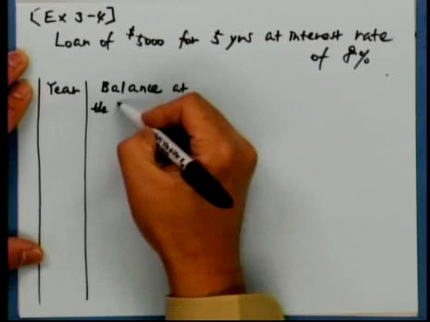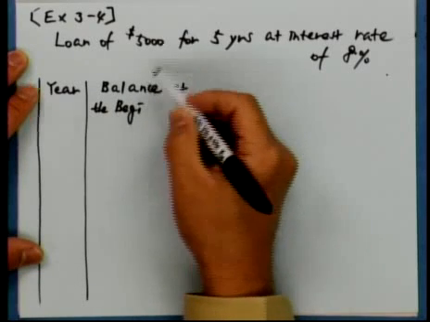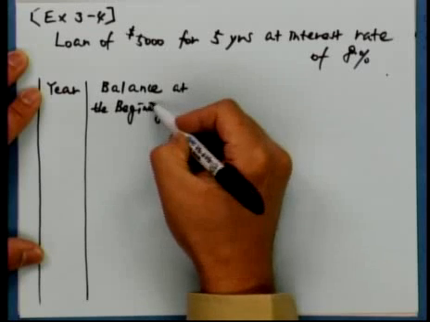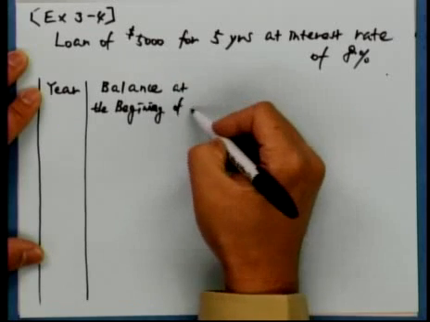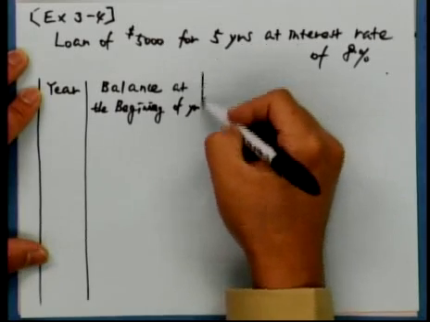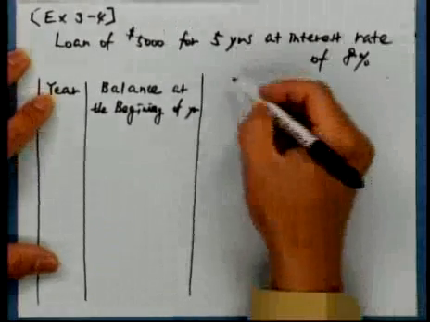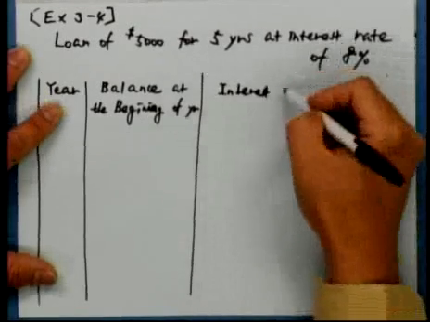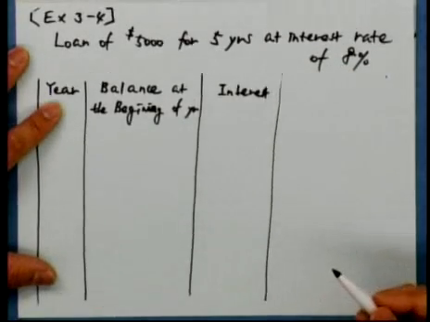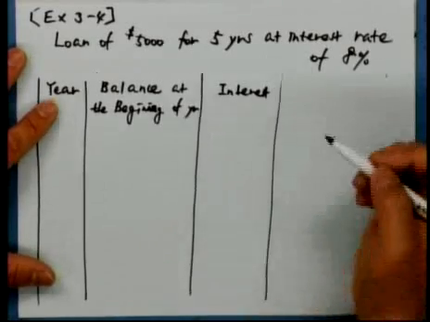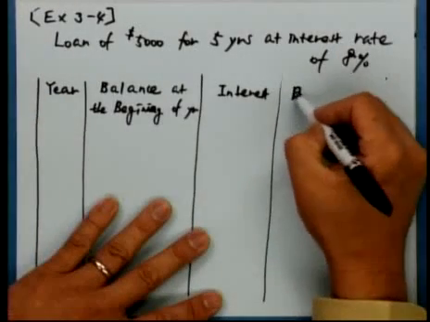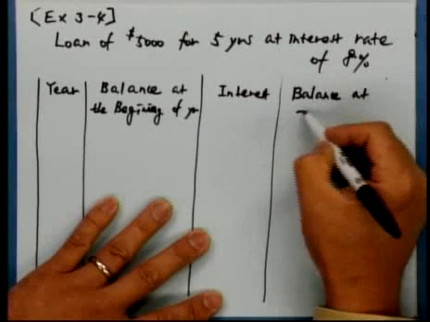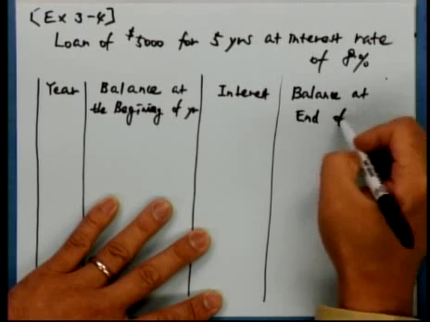The next column is the interest amount. And the last column is the balance at the end of year.